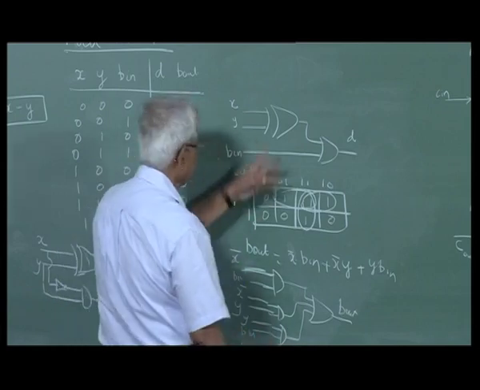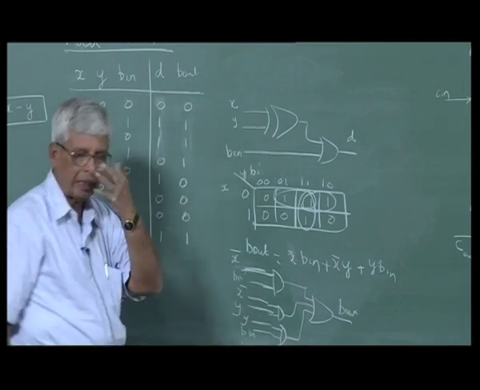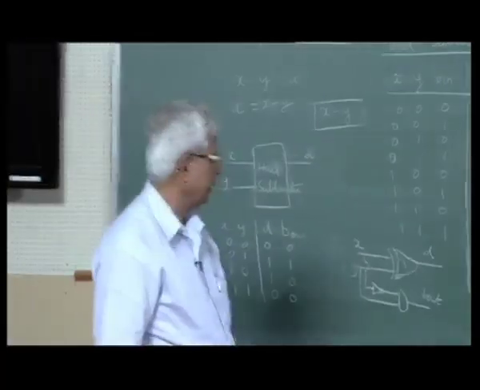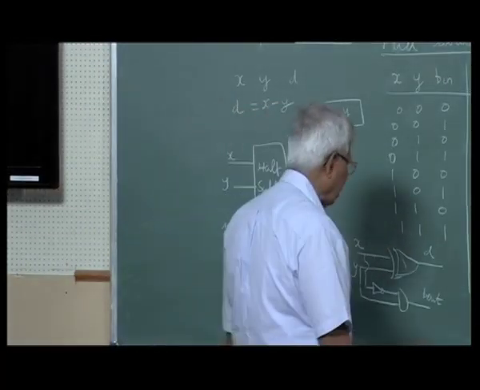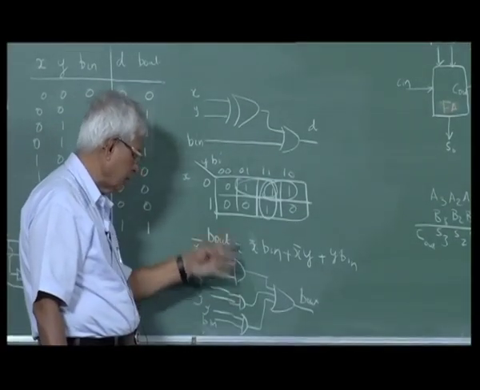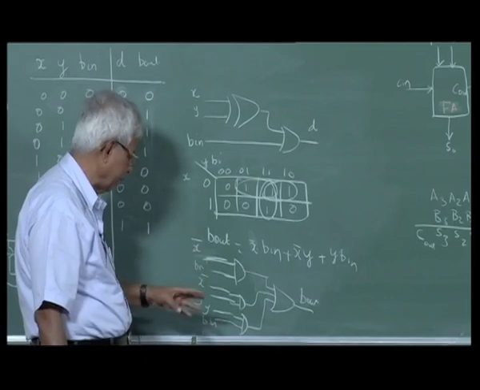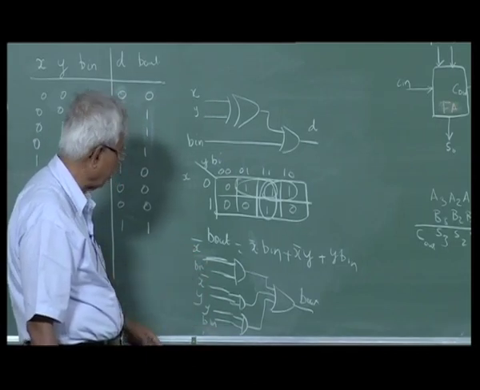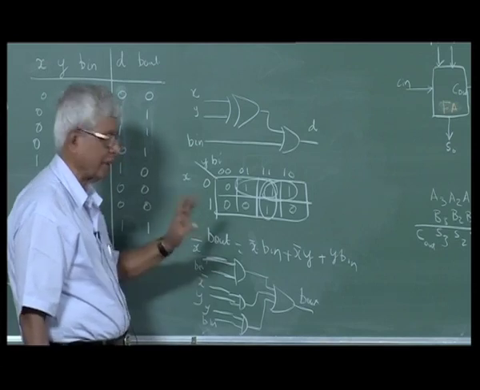Same logic as, difference is same logic as sum in the full adder. Borrow is the same logic as the carry out of the full adder, except 2 bits have to be inverted. Actually it is only 1, x bar has been inverted, 1 extra inverter.